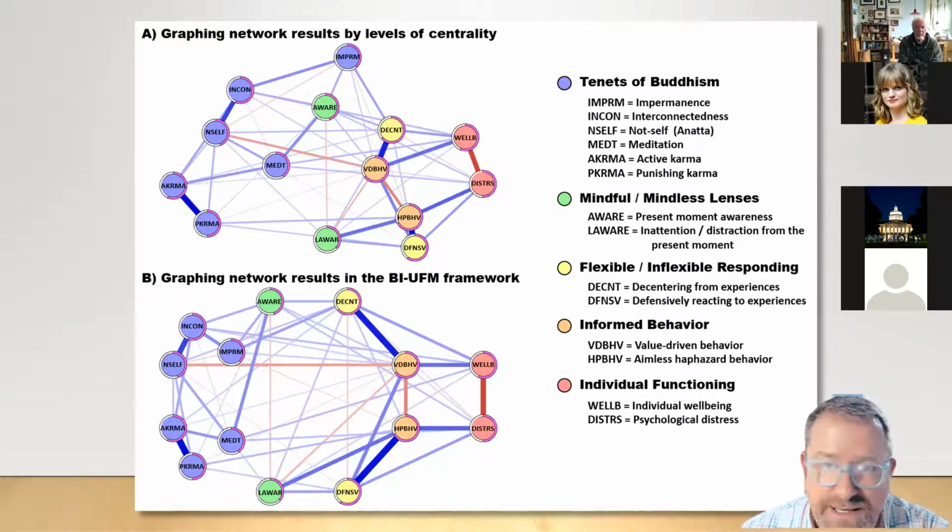But what was nice and what made the reviewer happy is that ethical value-driven behavior is now super centrally located, as is meditation and mindfulness. And that's really consistent with Buddhist theory.